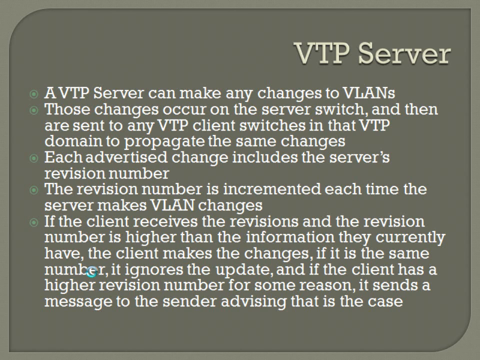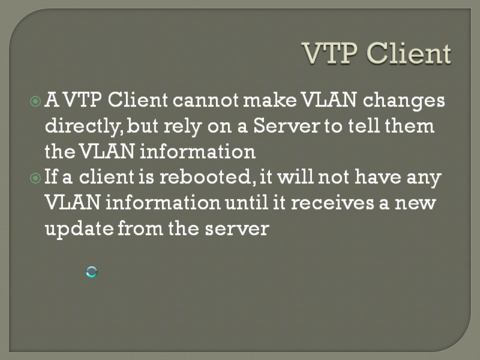So a VTP client, to talk about this relationship, cannot make VLAN changes directly, but relies on a server exclusively to tell them the VLAN information. So if a client is rebooted, it will not have any VLAN information until it receives a new update from the server. So clients basically sit there completely idly.